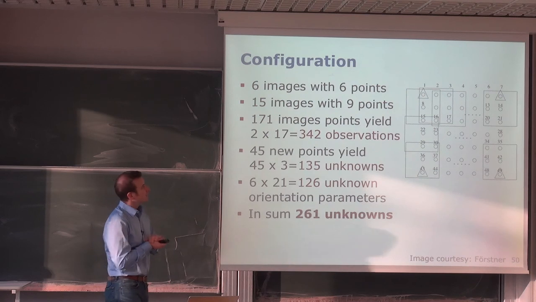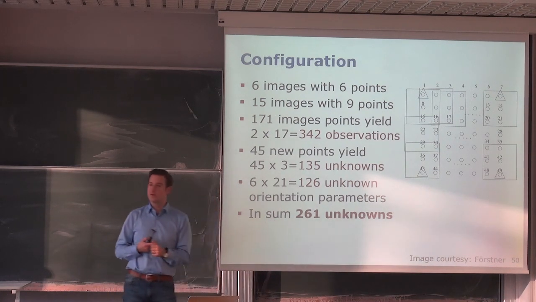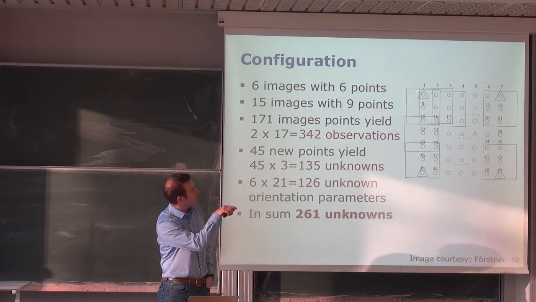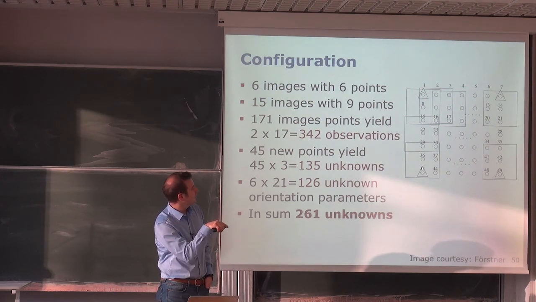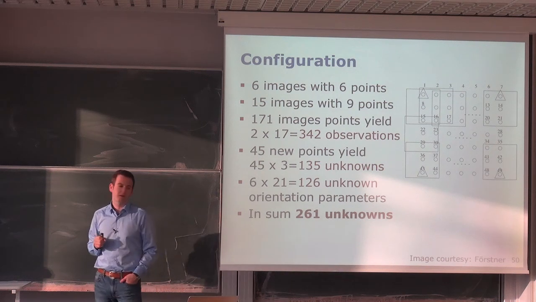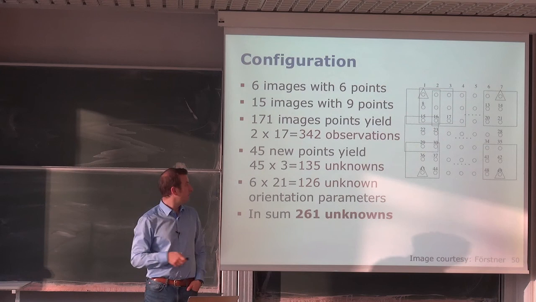If you look at our problem, we have 6 images which see only 6 points. The first image sees only these points, and the same holds for this image, and so always the ends of the rows. Then we see only 6 points, and in all other images we see all 9 points.